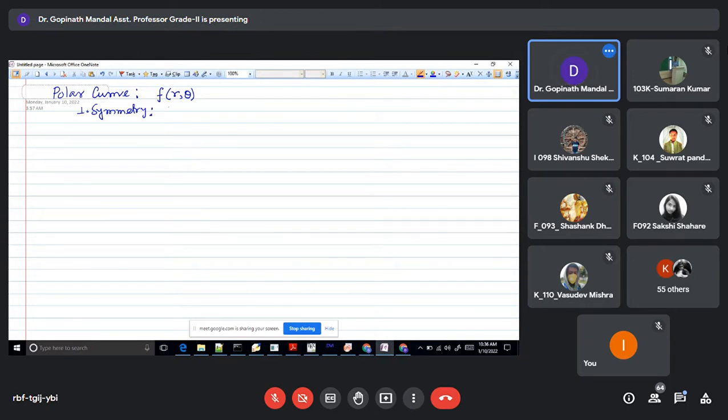Symmetry. f(r, theta) equal to 0. First we have to check the symmetry.